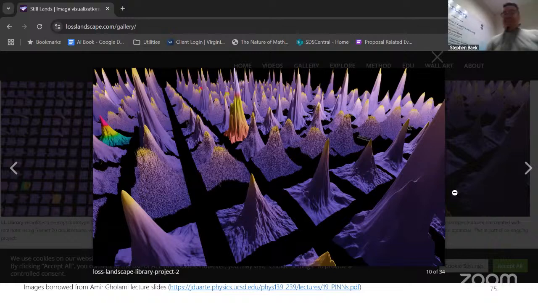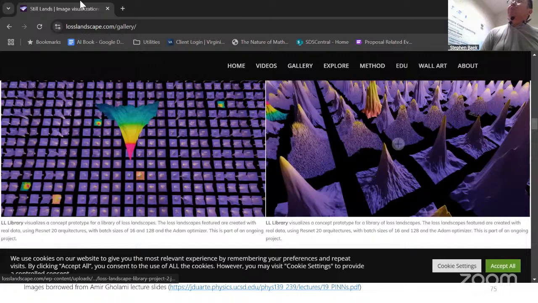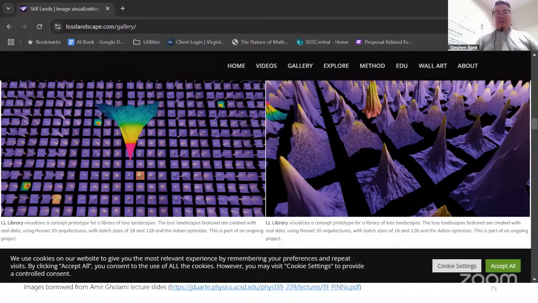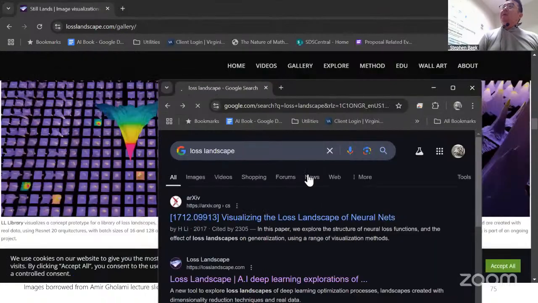And there's a really nice paper associated with this website called Visualizing the Loss Landscape of Neural Networks. If you're curious, I encourage you to take a look at the website, lostlandscape.com, and the paper associated with it.